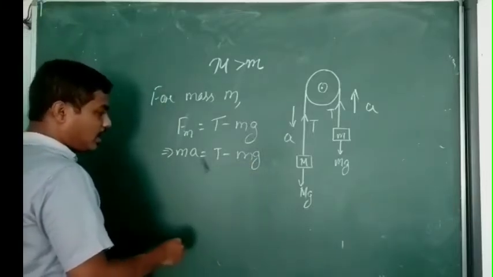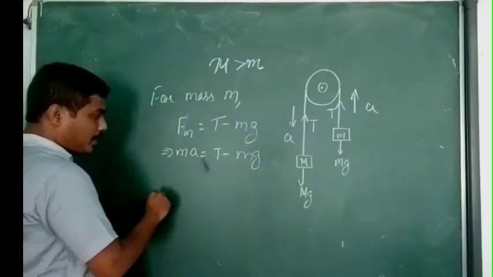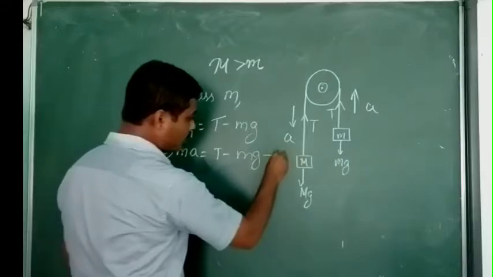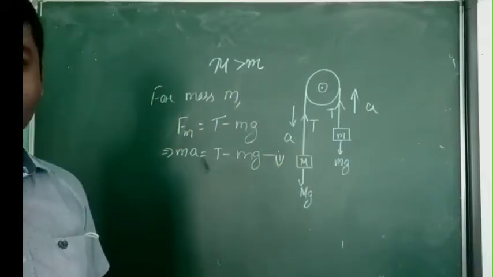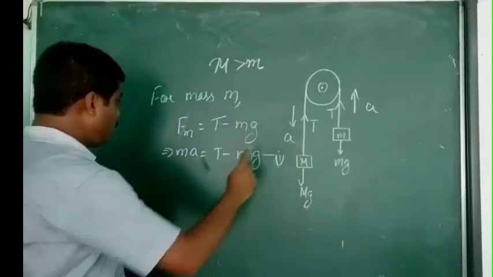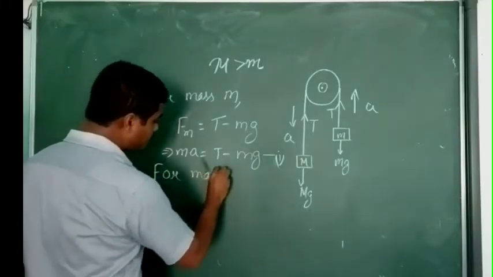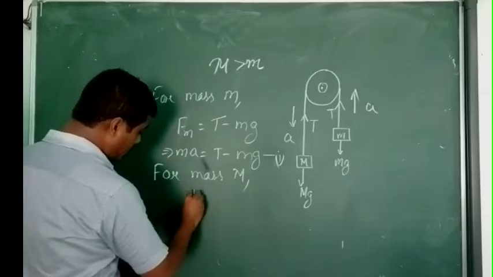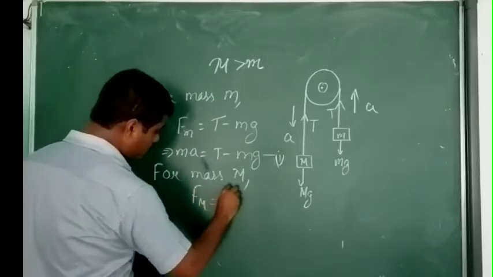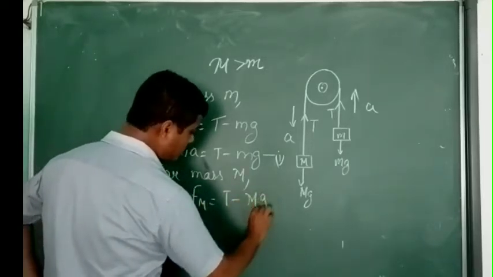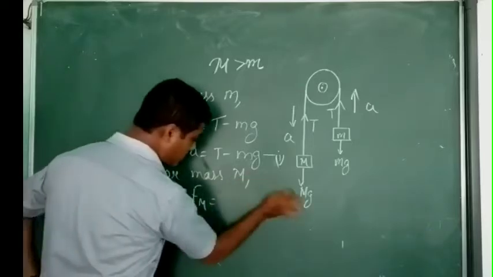Suppose I mark this as equation number 1. Now let us go for the equation for mass capital M. Capital F_M will be equal to T minus... sorry, this will not be T minus Mg.